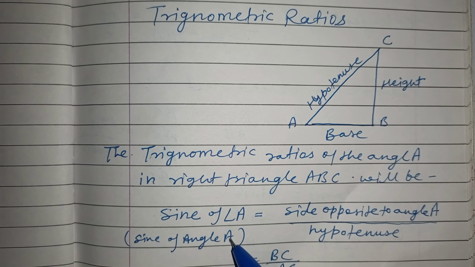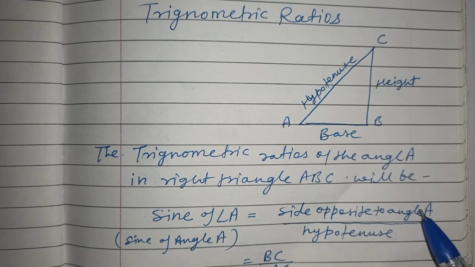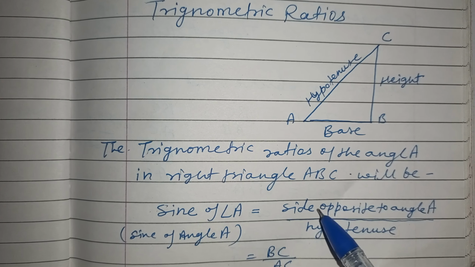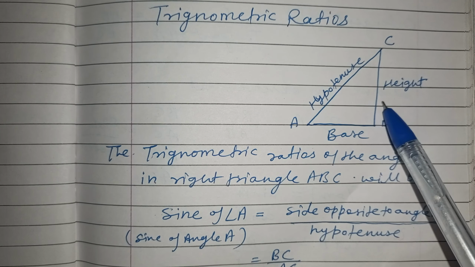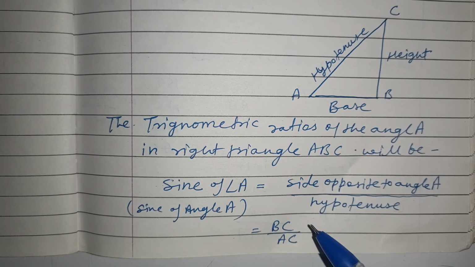Sine of angle A is equal to the side opposite to angle A upon hypotenuse. Side opposite to angle A is BC and hypotenuse is AC. So sine A is BC upon AC.